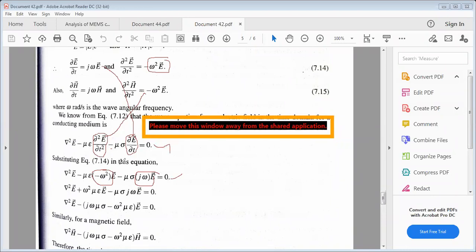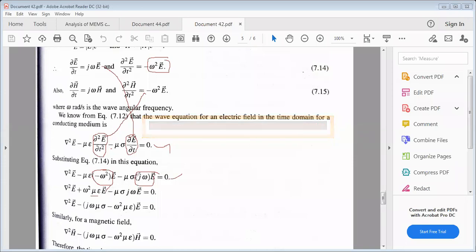I am just substituting the dou square E by dou t square and dou E by dou t terms here. You can now simplify: del square E plus omega square mu epsilon E minus j omega mu sigma E equal to 0.